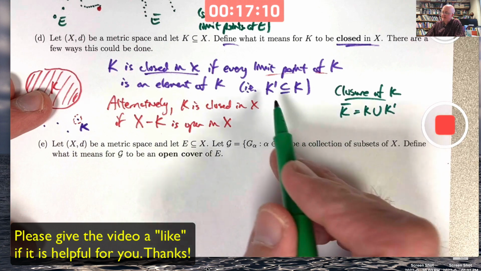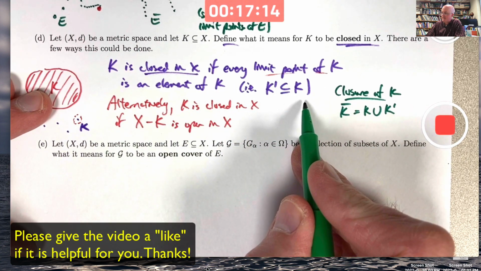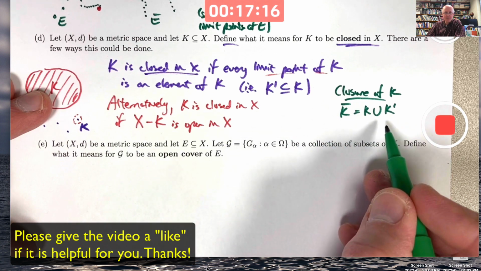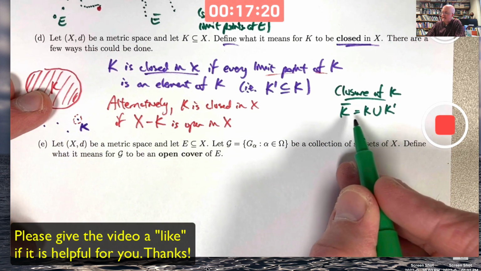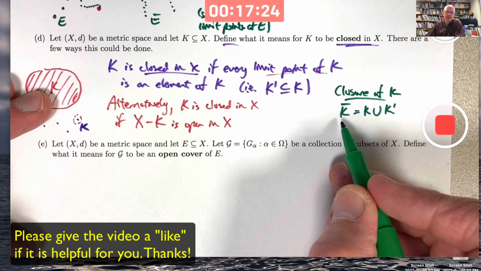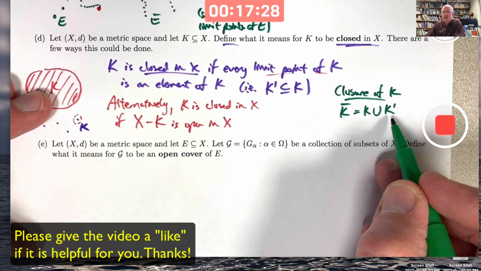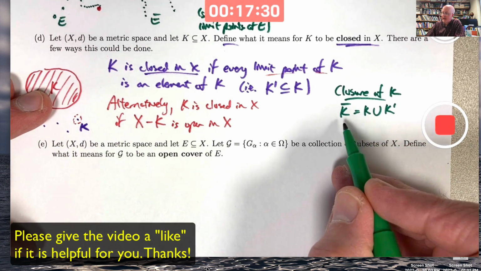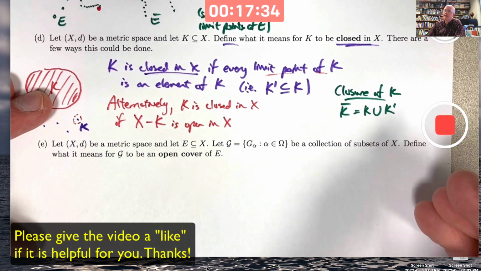And since K is closed in X if the derived set is a subset of K, it turns out, if you think about it, that'll be equivalent to the closure of K being equal to K itself. Certainly K is always a subset of its closure, because K bar, the closure, is the union of K with another set. If K bar is also a subset of K, ultimately, if they're equal, then K will be closed.